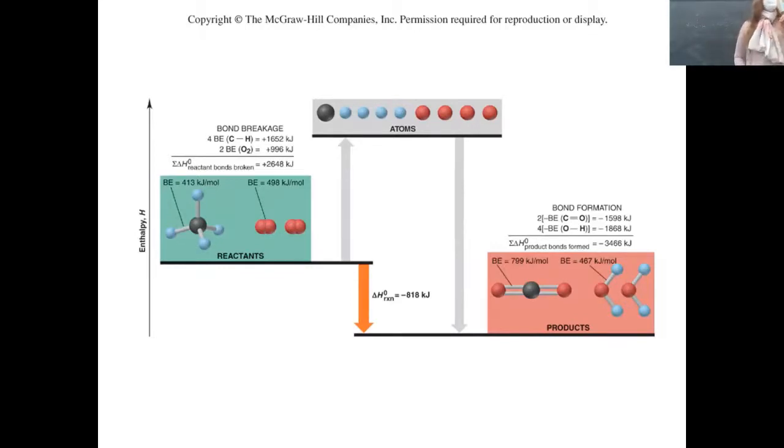So if I have a chemical reaction that involves these bonds in this table, I can approximate the energy of the reaction by calculating how much energy it takes to break the bonds and how much energy it takes to form the bonds.